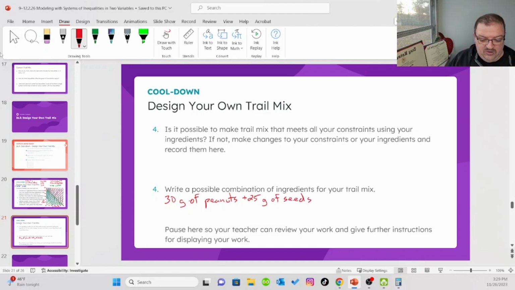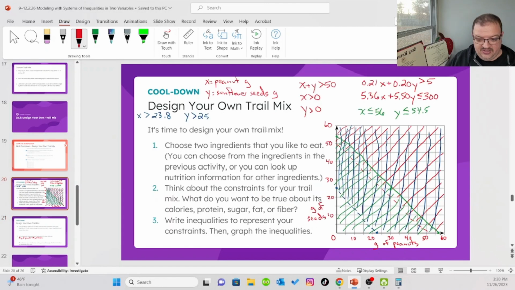So if we wanted to double check, 30 plus 25 is 55. That is greater than 50, so we do have enough ingredients. Now we can check these two because 30 is greater than 0 and 25 is greater than 0, so we've met all 3 of these constraints.